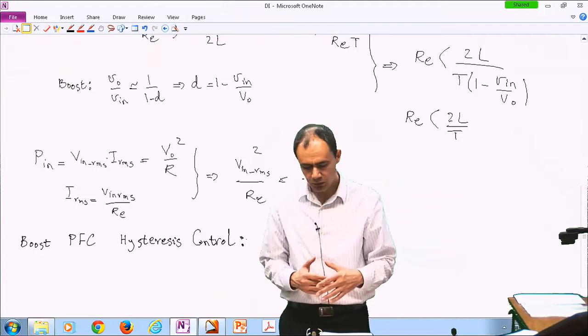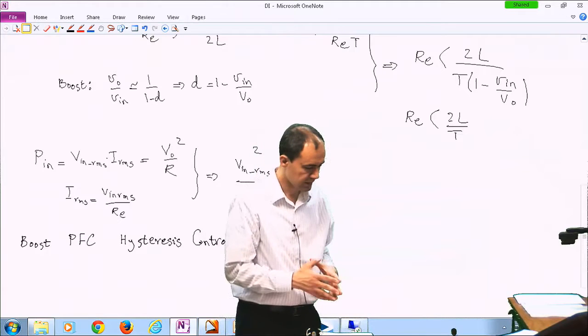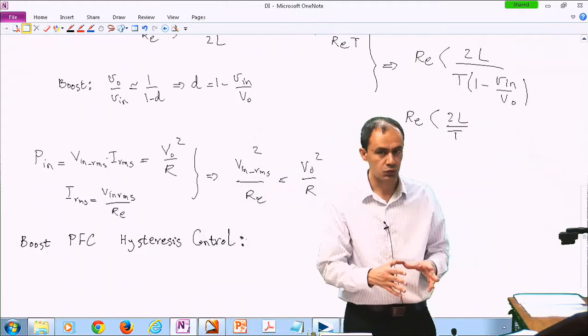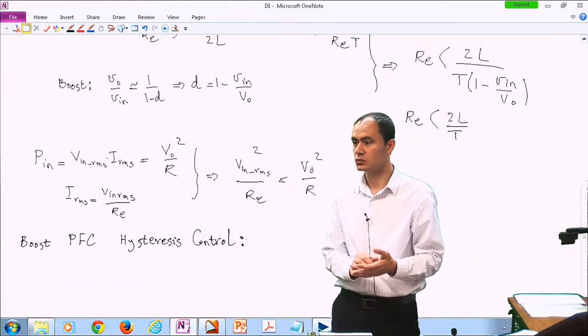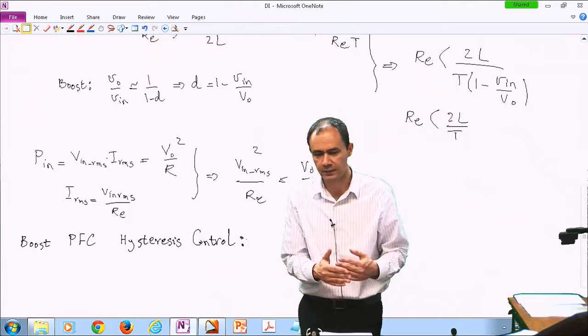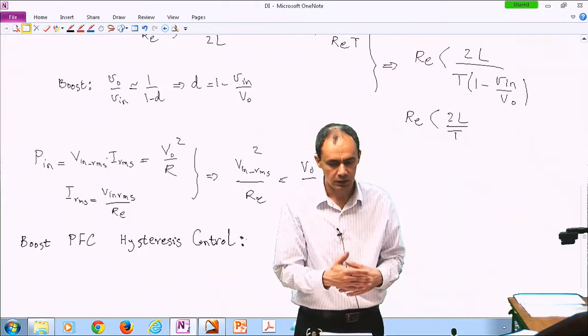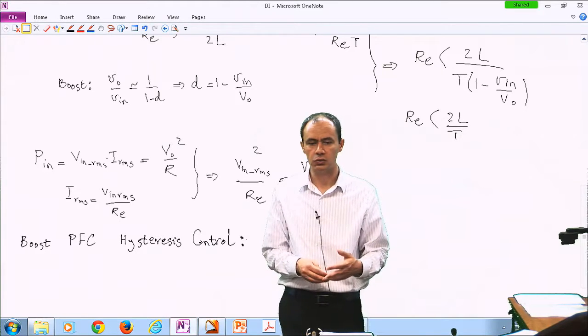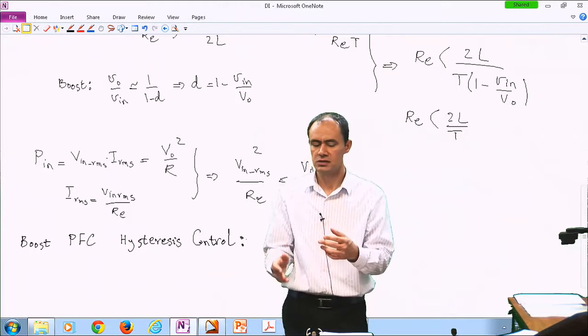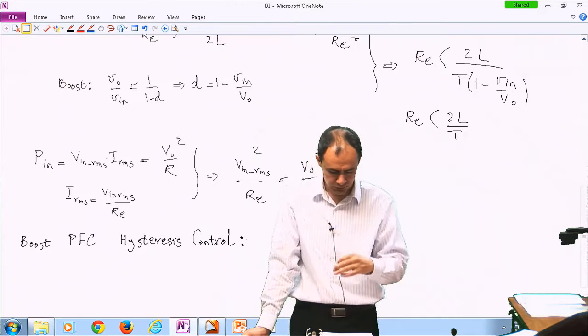Hysteresis control, or bang-bang control, the simplest example is when you want to, for instance, control the temperature of this room. You set the temperature, let's say, at 72 degrees. So actually what happens is you are defining a band. If the temperature goes above 72 degrees plus 1, you turn the air conditioner on, let's say it's summertime, to cool down the room.